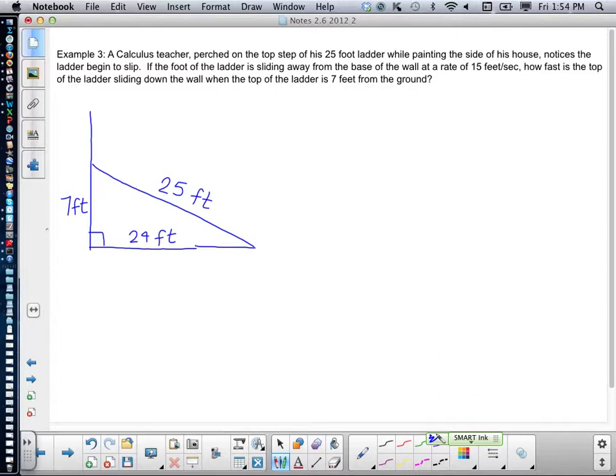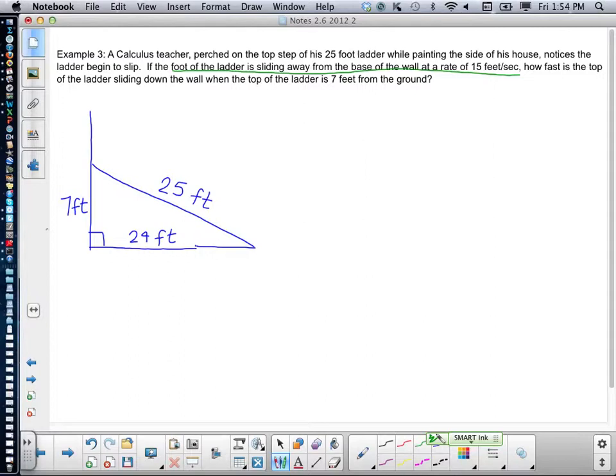Okay, so let's go. Diagram, rates are next. And we are on problem 3. Okay, so the rates that we're going to identify are the foot of the ladder is sliding away from the wall at that rate.